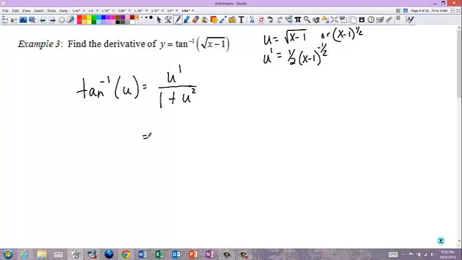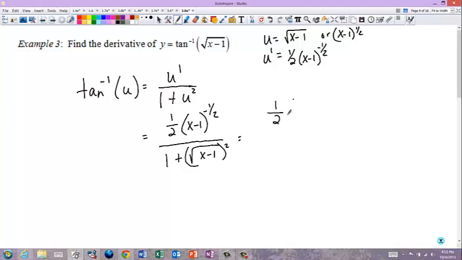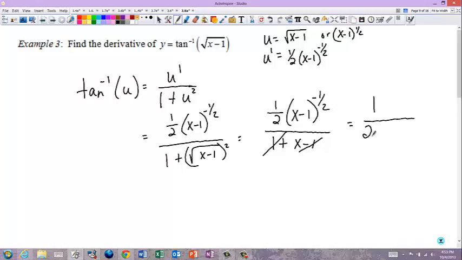So it's 1/2 (x minus 1) to the negative 1/2 over 1 plus the square root of x minus 1, squared. If I simplify that, the denominator is 1 plus x minus 1. The 1's cancel out, and I can move the 2 and the square root to the bottom, giving me 1 over 2x square root of x minus 1. Remember, the negative exponent moves to the bottom.